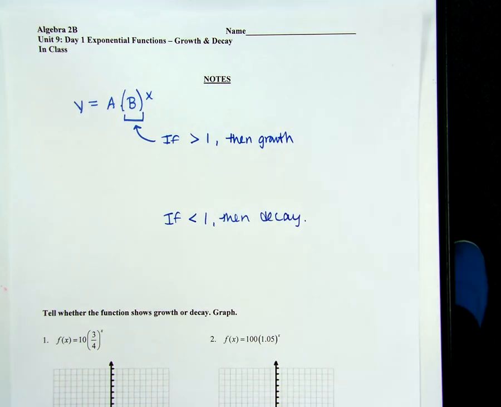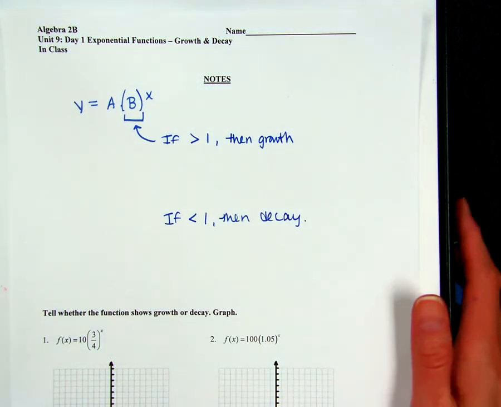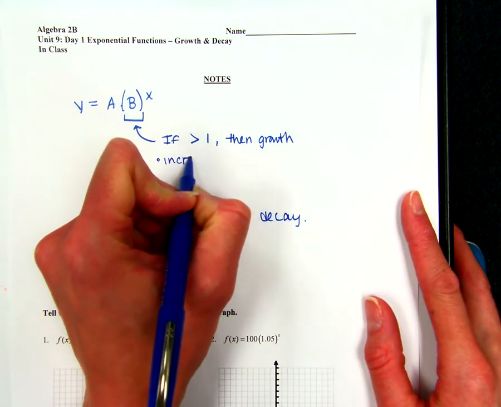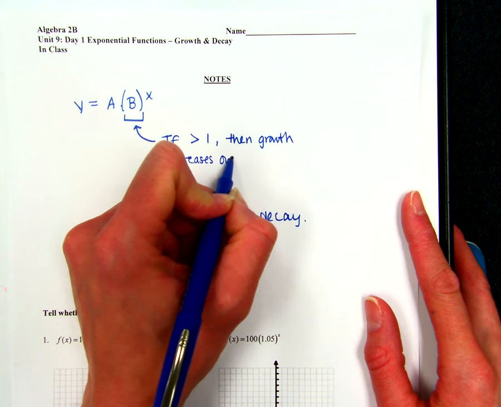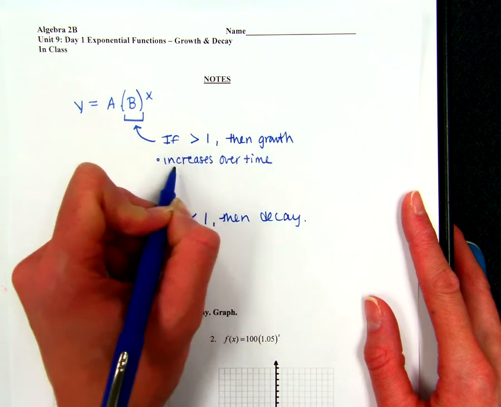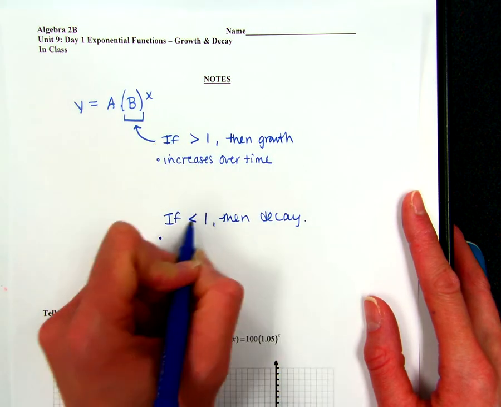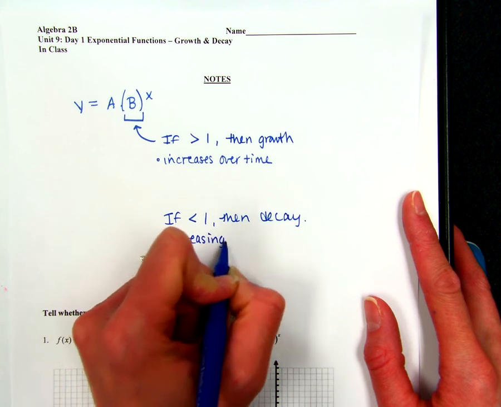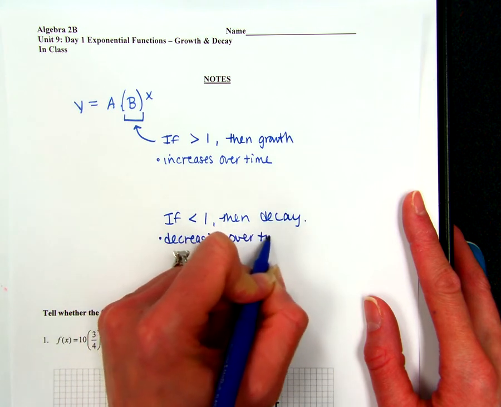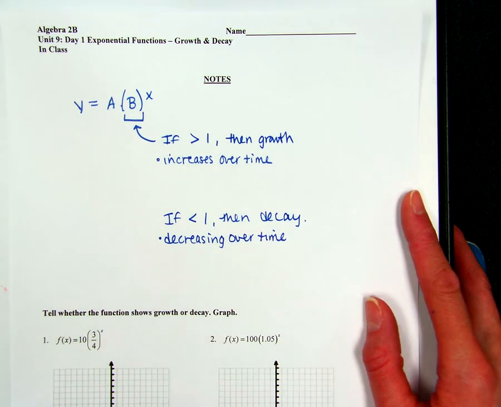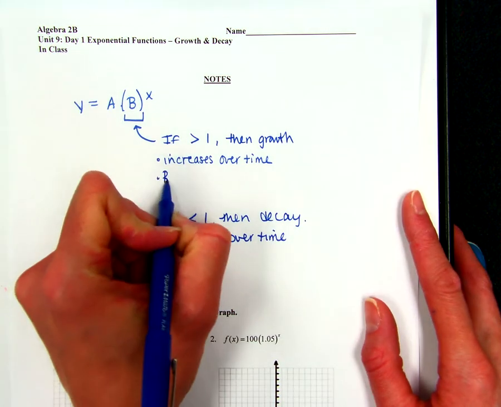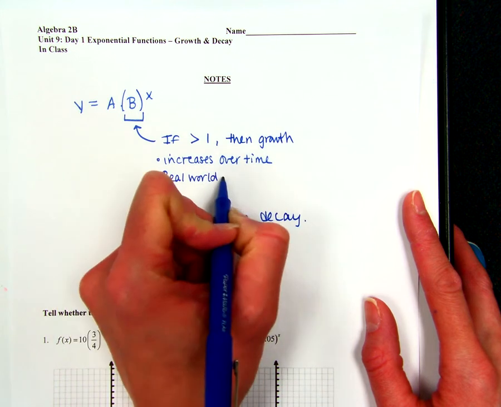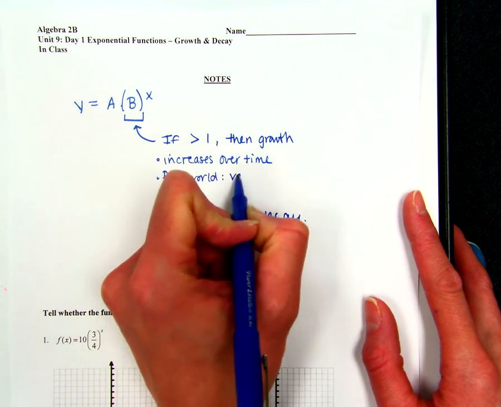Some things you should remember: the word growth means that it's increasing over time. If it's decay, that means that it's decreasing over time. A real world example of something that increases over time would be the value of a house.